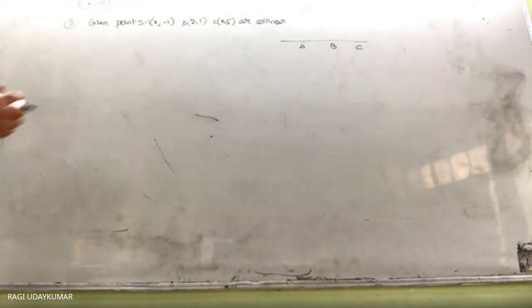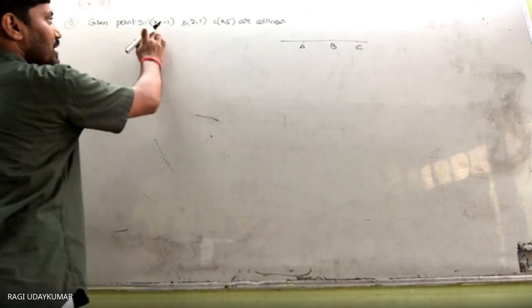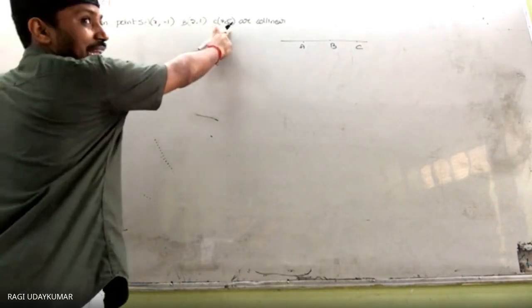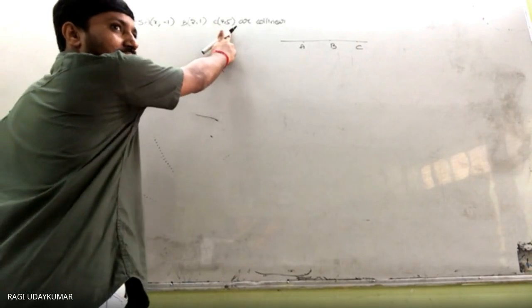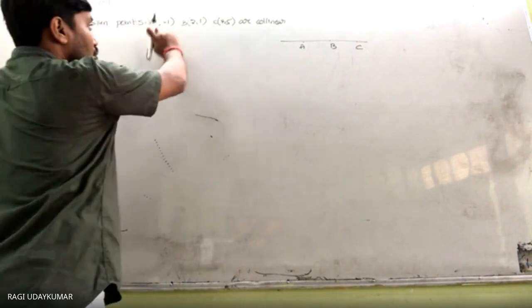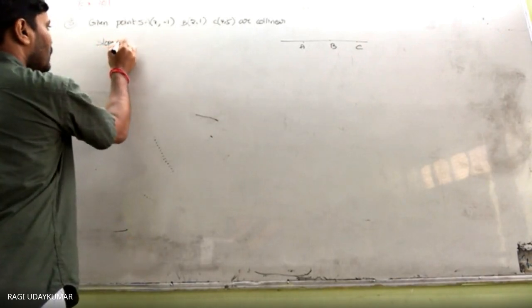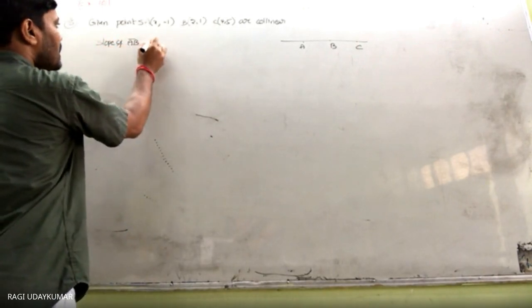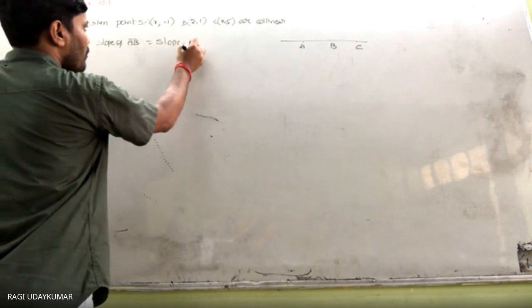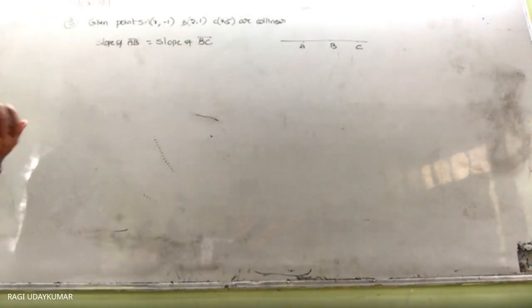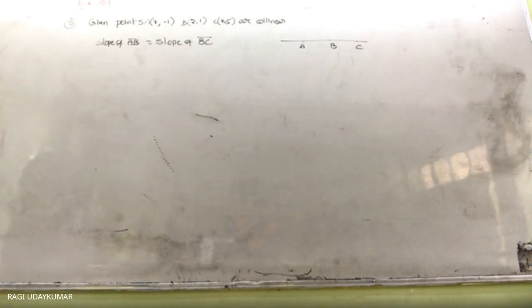So you can consider the slope wherever the quantity is missing. Taking AB equal to BC is fine. Taking AB equal to AC is not suitable, because x will be missing in both. So slope of AB equals slope of BC, and we need to find the missing quantity x.